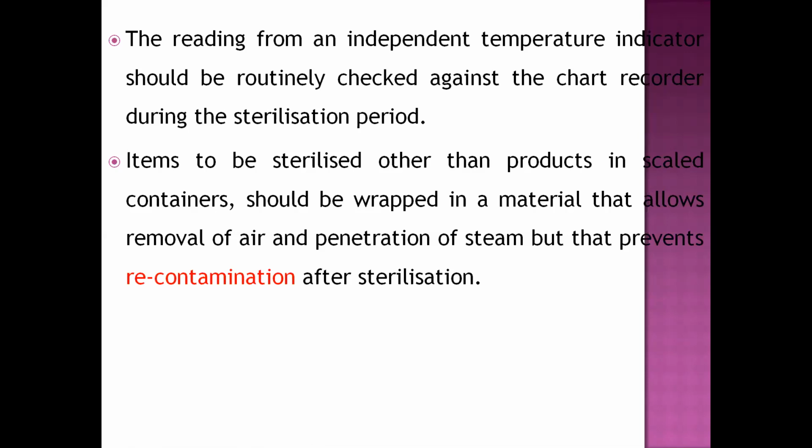Items to be sterilized, other than products in sealed containers, should be wrapped in a material that allows the removal of air and penetration of the steam, but that prevents recontamination afterwards.